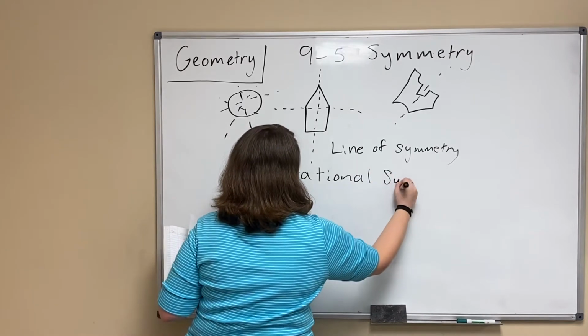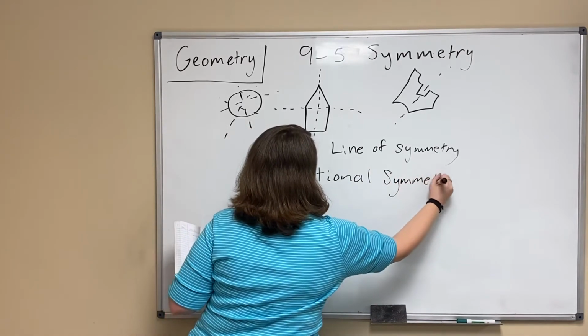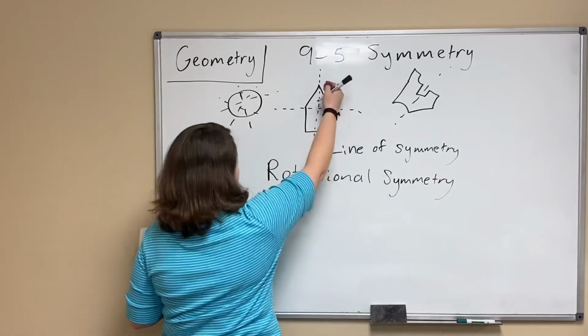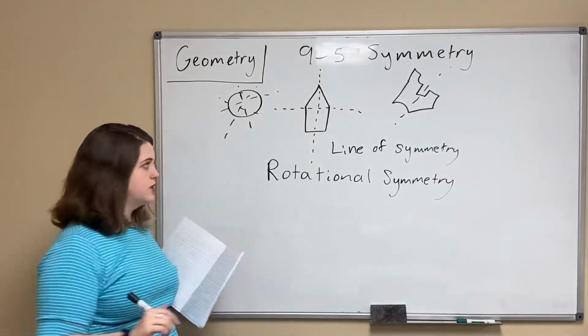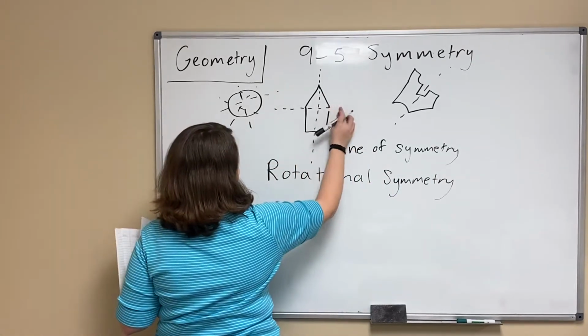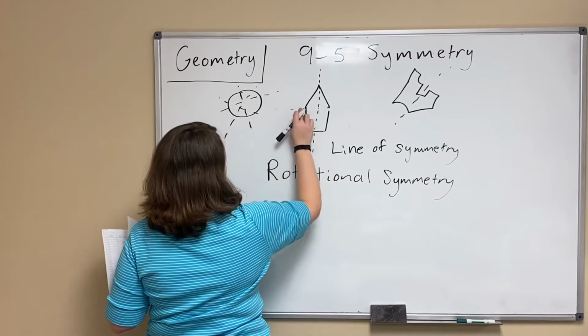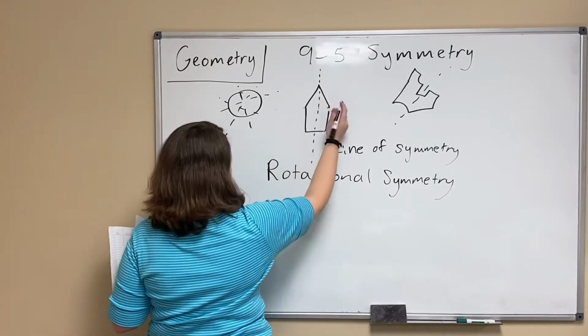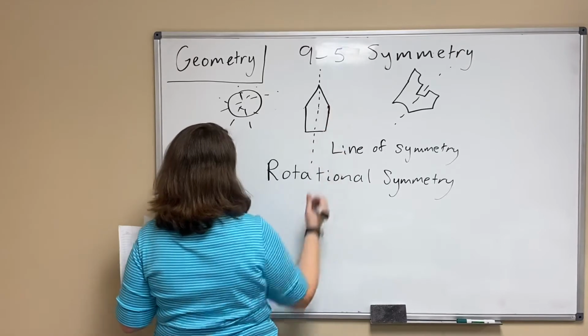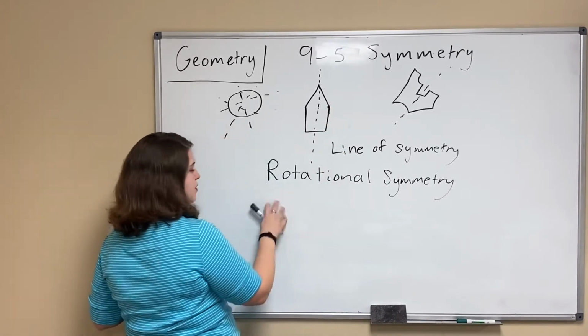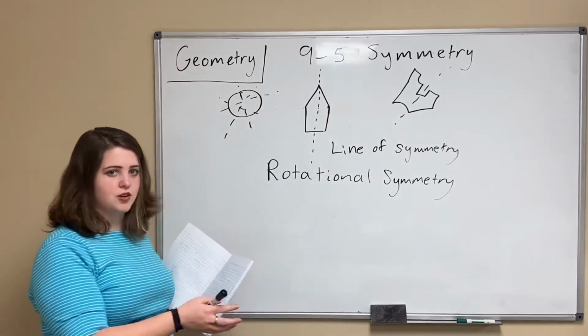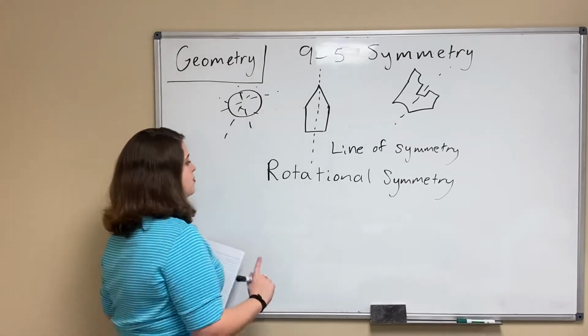Rotational symmetry is where instead of reflecting it over the line onto itself, well, this way, this is not a line of symmetry. Instead of reflecting it over the line onto itself, rotational symmetry means I took the shape and rotated it a certain amount of degrees and it was still the same shape.